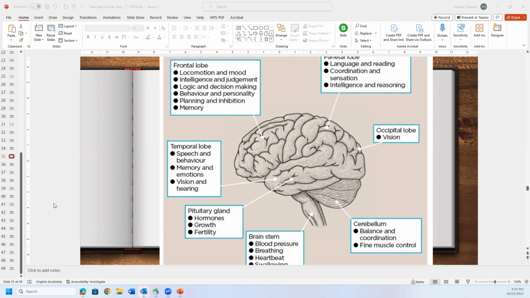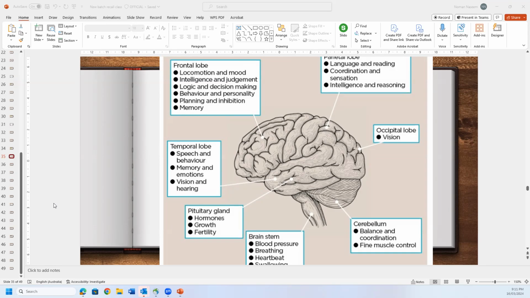So always remember: behavior, personality, decision-making, memory, frontal lobe. Parietal lobe: language, reading, cognition and coordination, both of them. Temporal lobe: sensations, all of it. Speech, behavior, emotions, memory, vision and hearing.